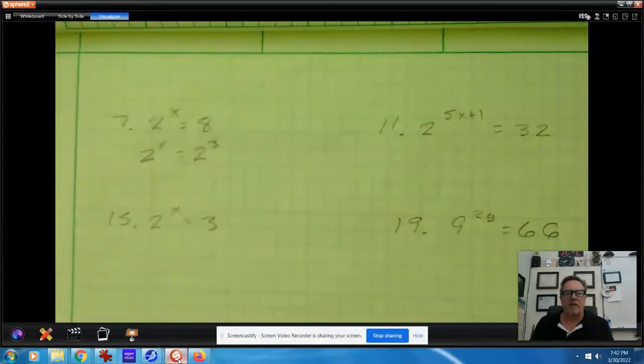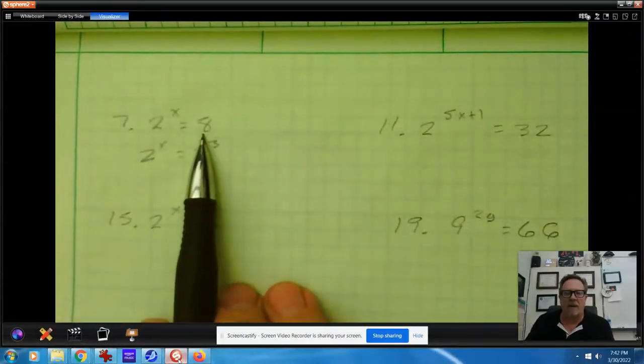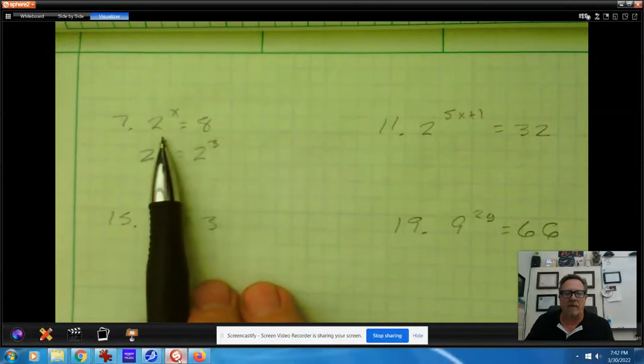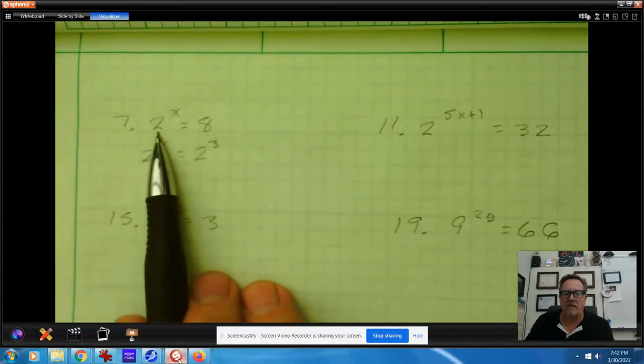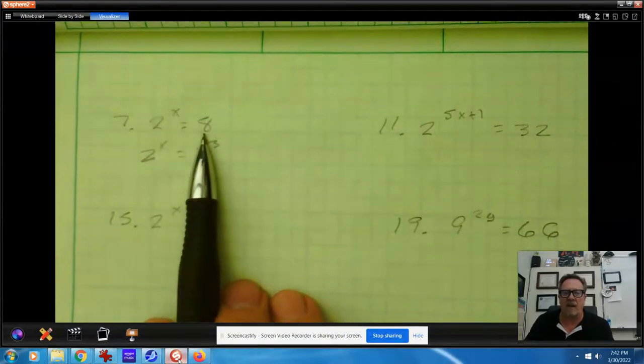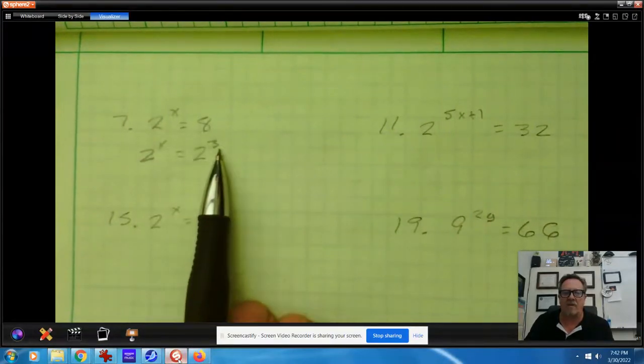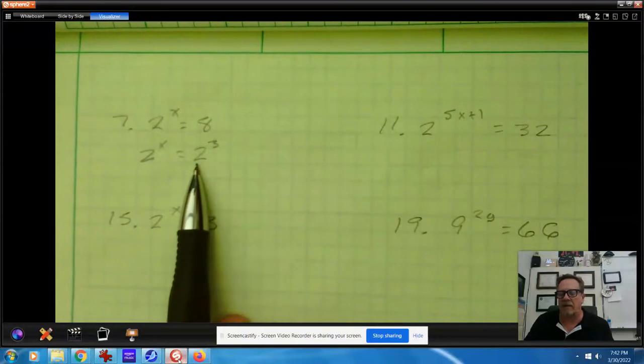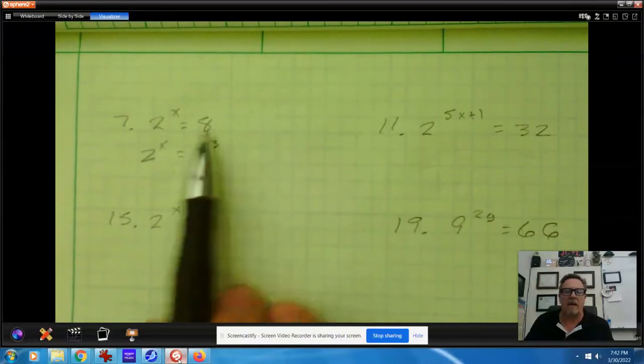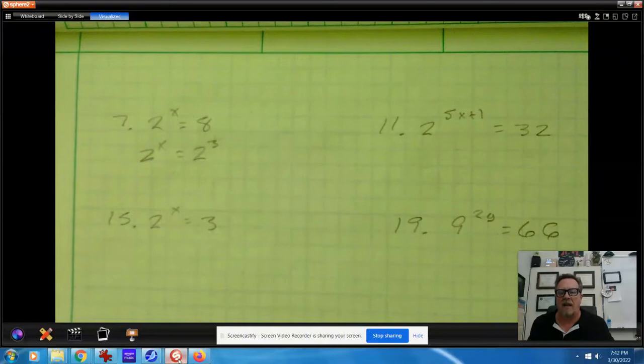So I'm just rewriting the number using the base from the other side of the equation. I want to rewrite 8 as 2 raised to some power, and I know that 2 to the third power is 8. So I'm just rewriting 8 as a power.